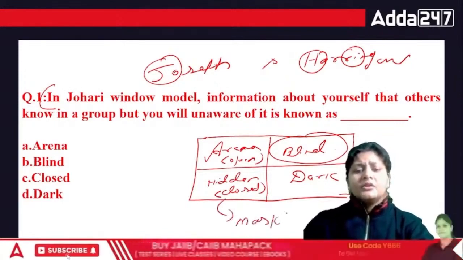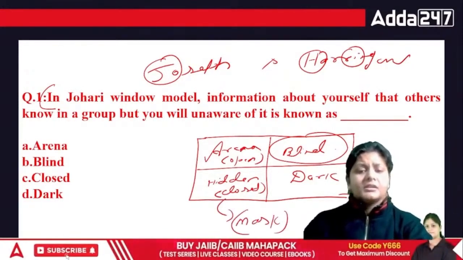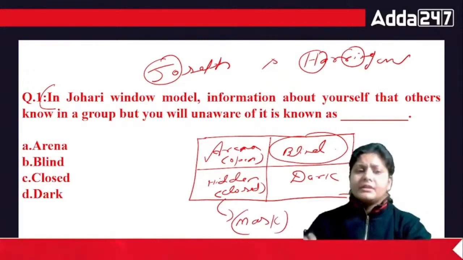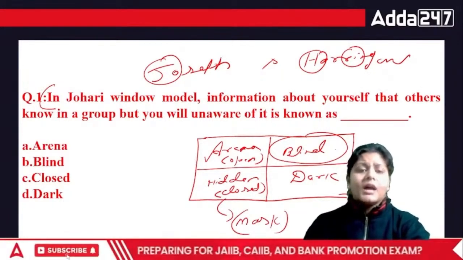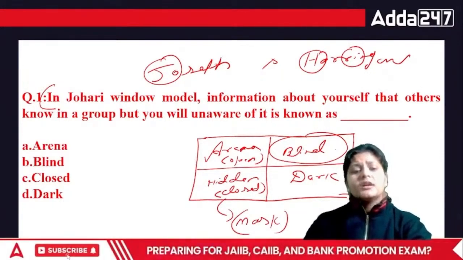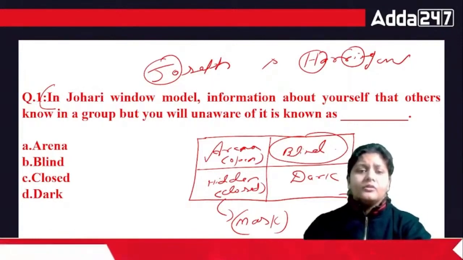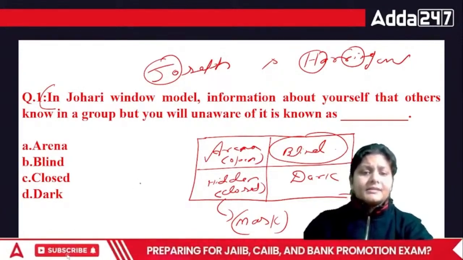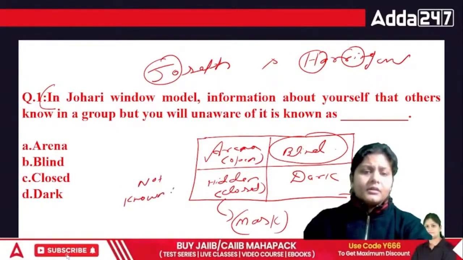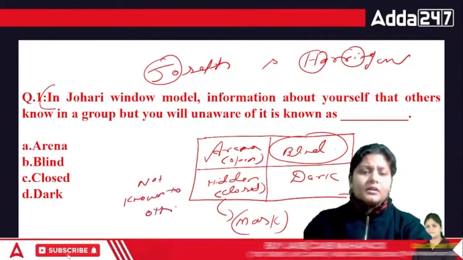Mask means you are hiding everything from the other person. You know everything about yourself but you are hiding it, wearing the mask actually. The information you are hiding from the other person is not known to others.